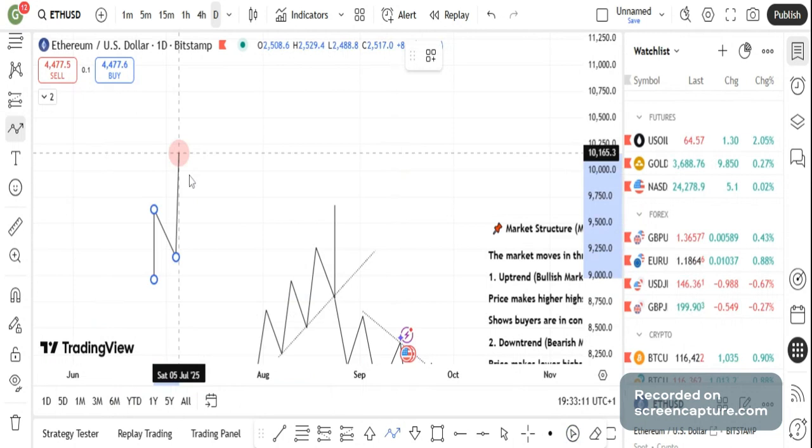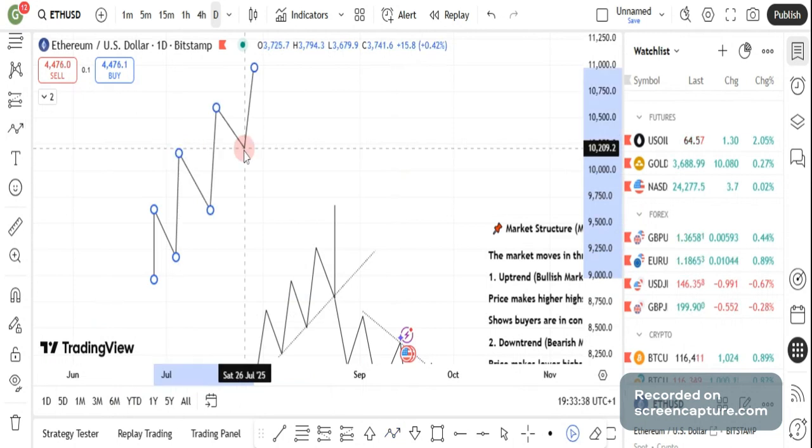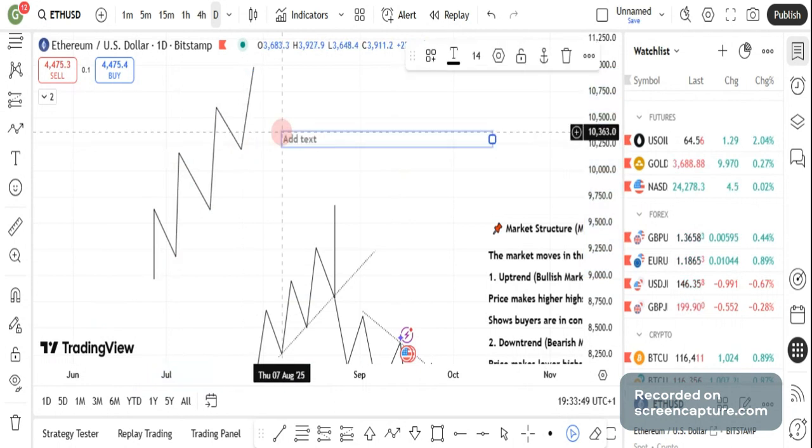So the type of concepts used on an uptrend: we have different concepts that we can use to take entries on uptrend and downtrend. Number one, we have the trend line. Number two, we have the Fibonacci retracement.